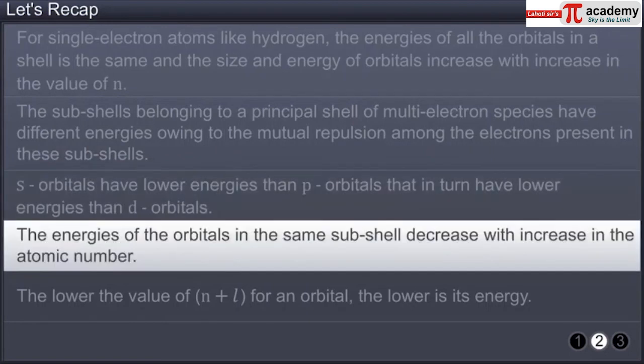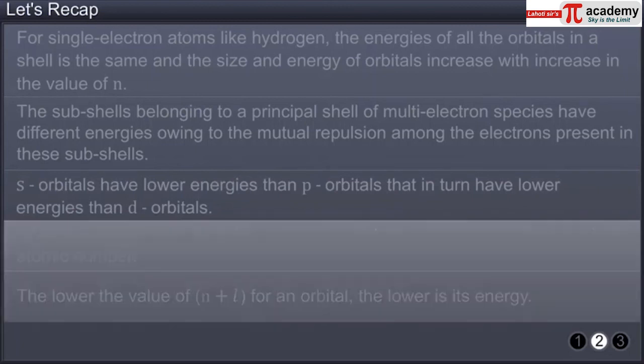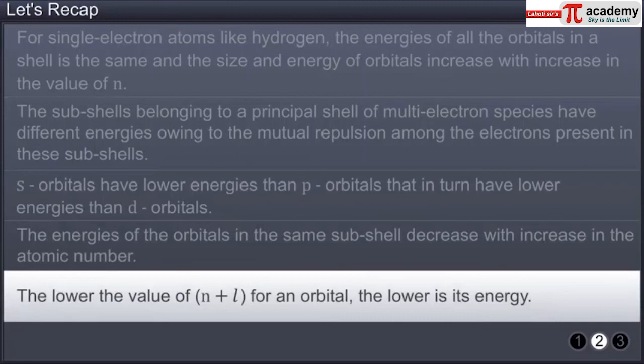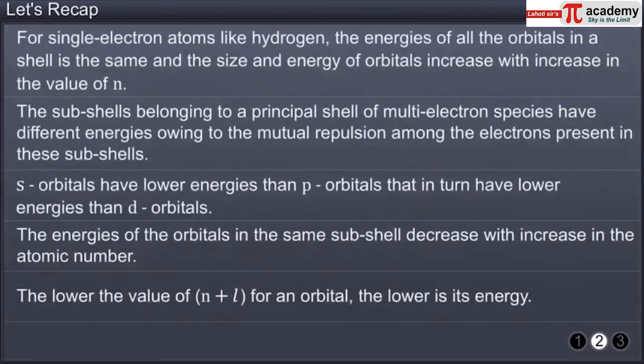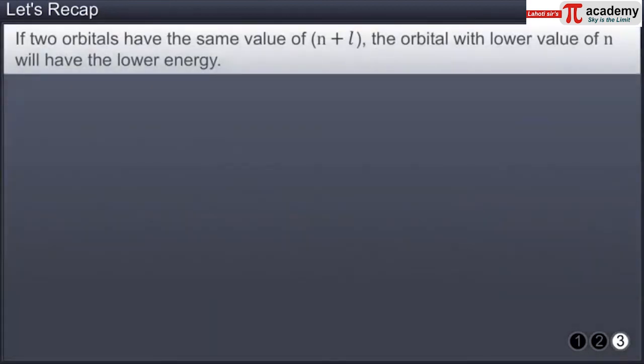The energies of the orbitals in the same subshell decrease with increase in the atomic number. The lower the value of n plus l for an orbital, the lower is its energy. If two orbitals have the same value of n plus l, the orbital with lower value of n will have the lower energy.